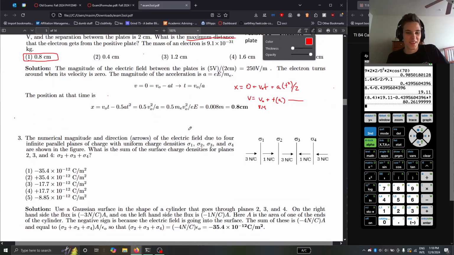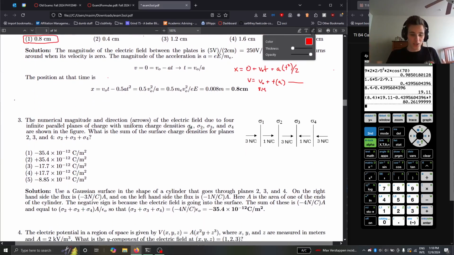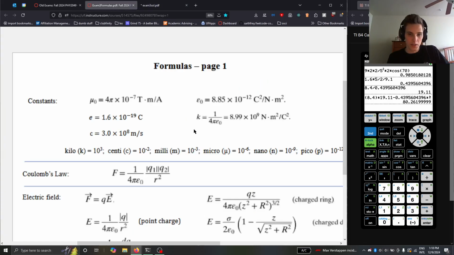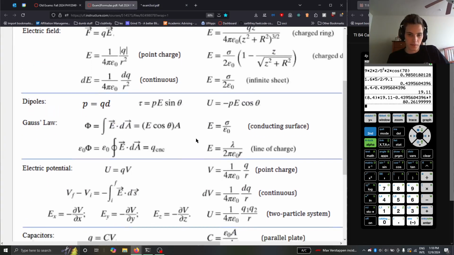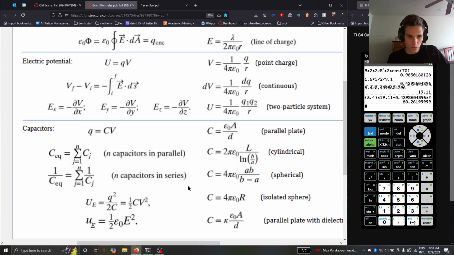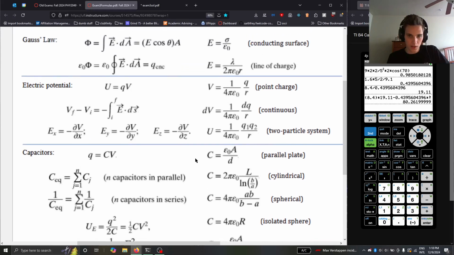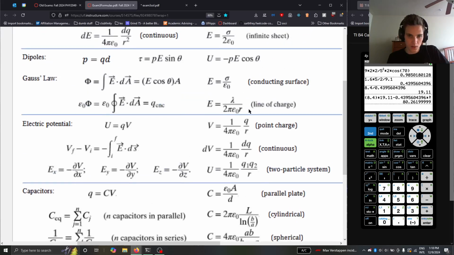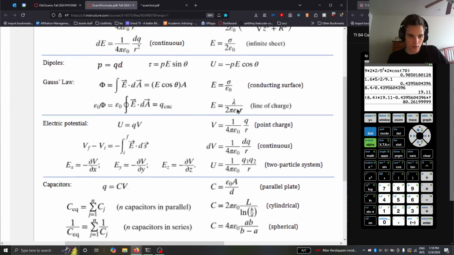Okay, this question honestly is one of the few questions which I don't completely understand straight up. So the idea is that you want to find surface charge densities, and you can do that just by finding flux. So these are infinite. Where's the formula?